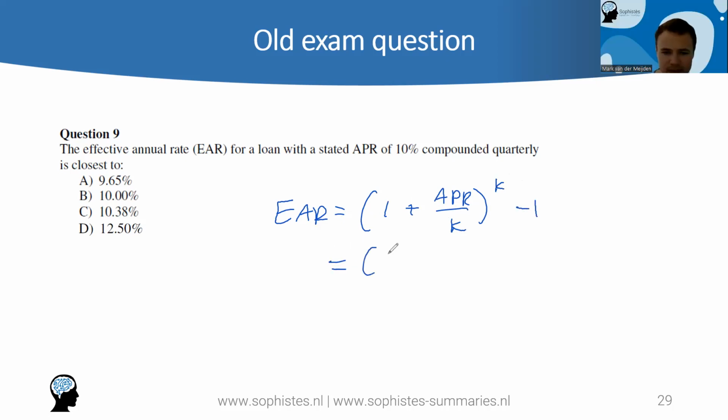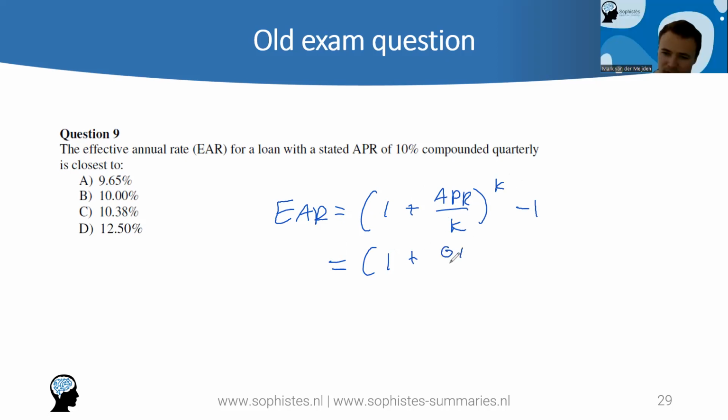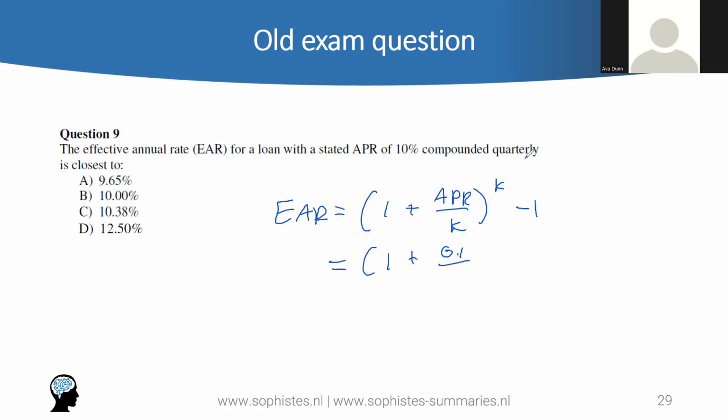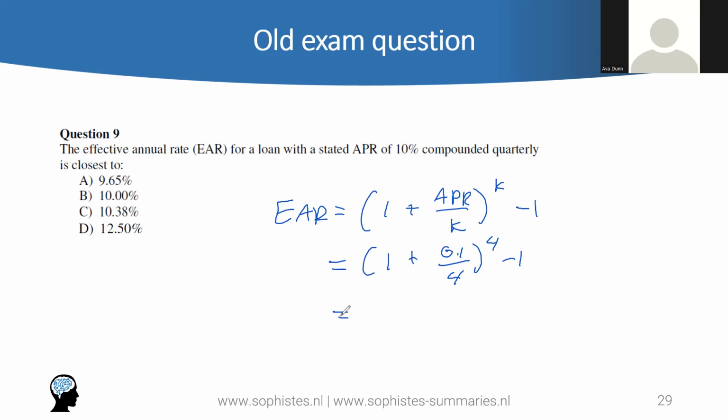Okay. What is the APR here? 0.1. Yes, 0.1. Not 10, but 0.1. And then K is, if it's compounded quarterly, 4. And what do we get? 10.4%.